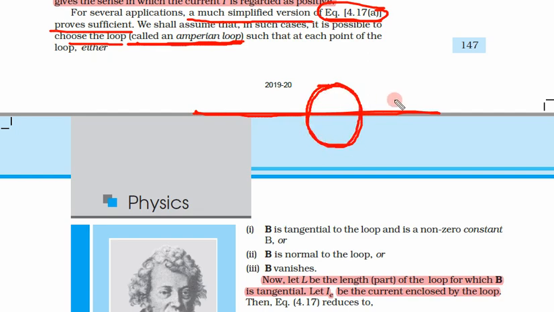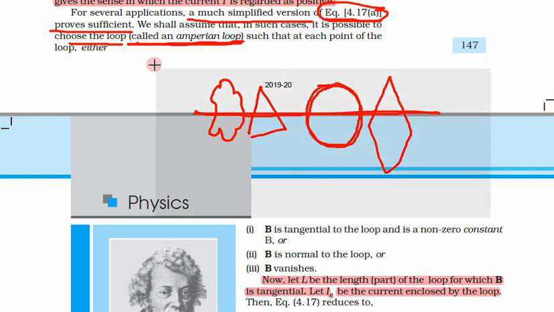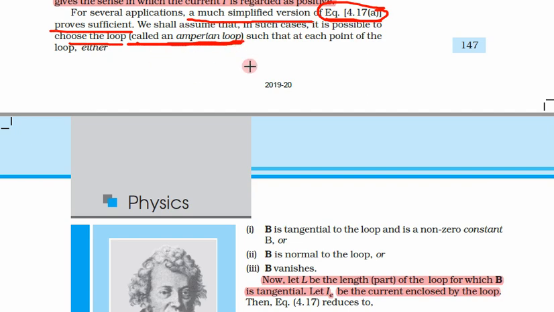Again, this loop need not be a circle. It could be a rectangle, a triangle, or any shape. So we have to choose a loop enclosing this current, such that at each point of the loop... how can we choose the loop? We can choose the loop in the following manner.